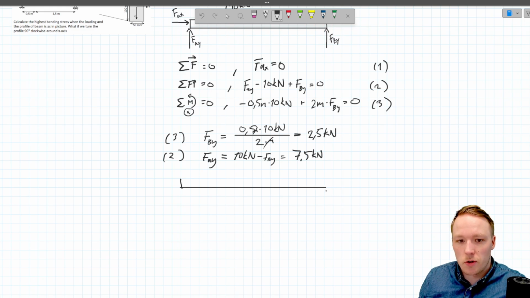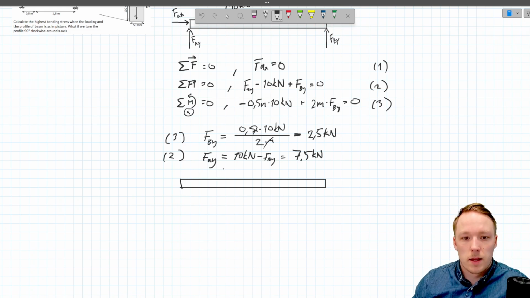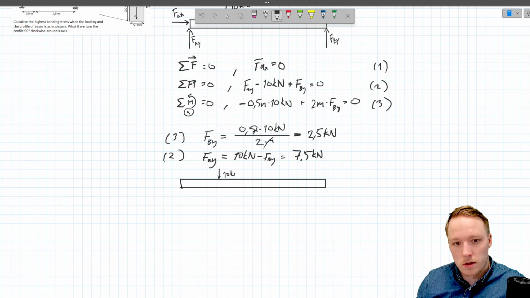So first let me draw here a new free body diagram with the calculated forces in it. So here we have 10 kilonewtons. Here FA was 7.5 kilonewtons, and then finally at this end we have 2.5 kilonewtons, like so.